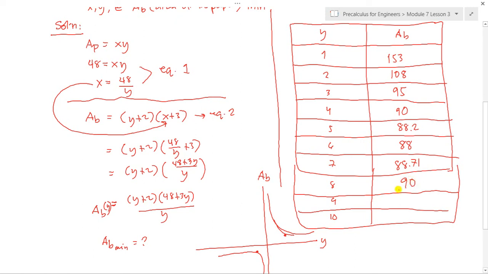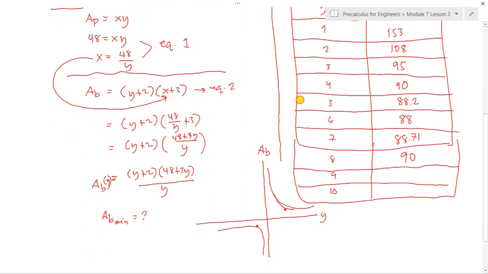So, inyo na nakita class. Somewhere between 5 and 6 natay minimum nga area sa ato ang paper, right? Oo, somewhere here. Or, I think pwede na ang 5.